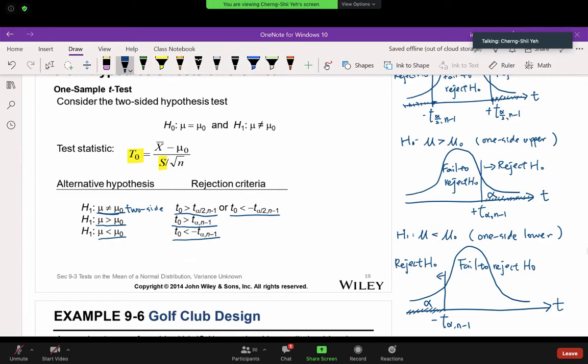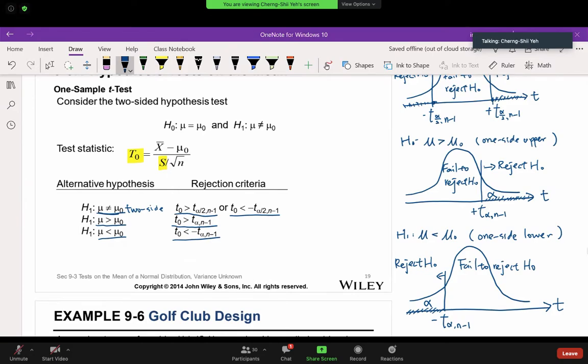Okay, I want to put each criteria into perspective so you know all of the possibilities. When you're not sure, sketch the distribution just like how I did it, whether it's a z distribution or a t distribution. Sketch it, highlight the critical value, then you should be able to see pretty clearly where my rejection criteria is, where my confidence interval is. If outside the confidence interval, that's my rejection area.